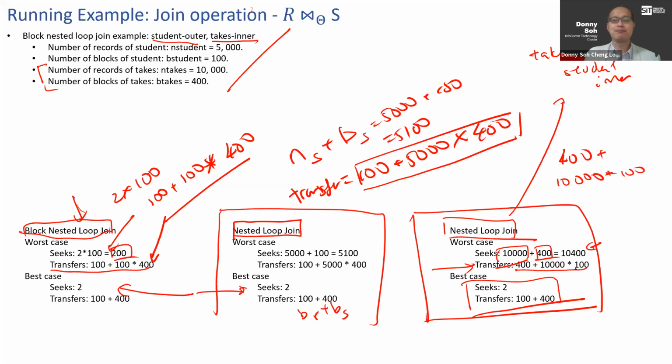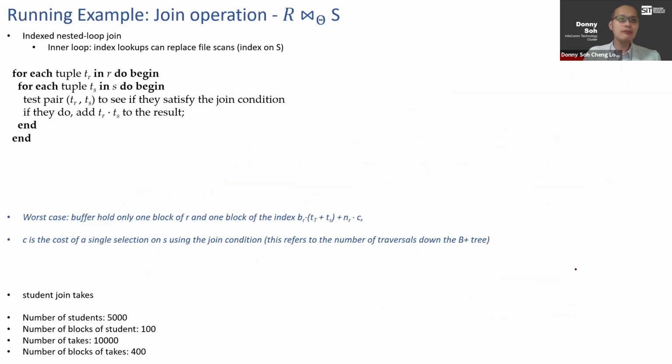This is still fine. The next one is where it gets a little bit confusing again. Now we have the indexed nested loop join. This is confusing in the sense that now I actually have an index.